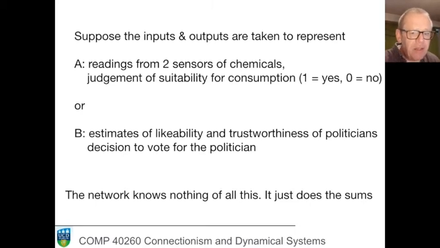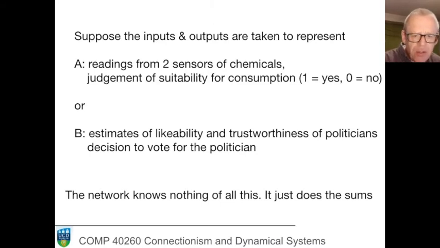The exact same numbers could have come from a different domain. They might, for example, in the input, be estimates of the likability and trustworthiness of politicians, as obtained through questionnaires, polls, guesswork. And the output of the network, which is 1 or 0, might be taken as an estimate of whether one should or should not vote for the politician.